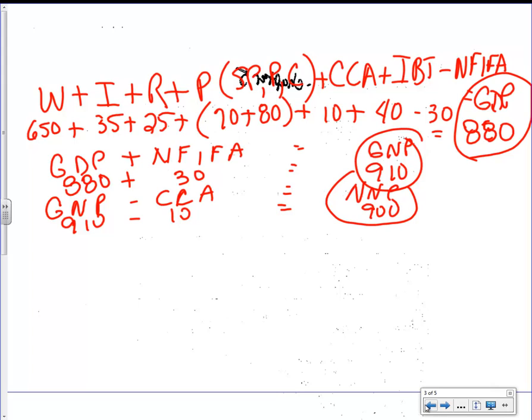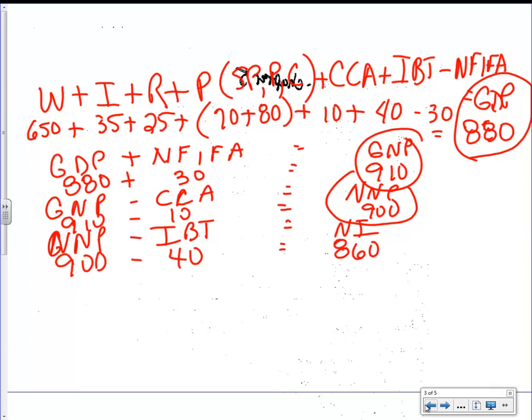To find our national income, we're going to take our net national product and back out the indirect business taxes, and that will give us national income. So net national product is 900, back out the $40 of indirect business taxes, and we will have $860 of national income.